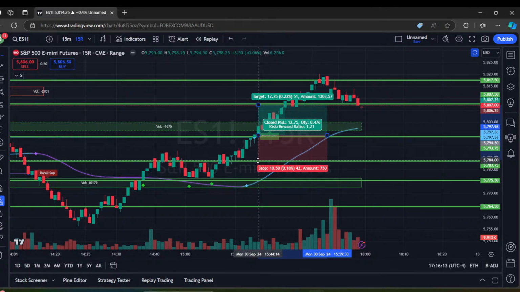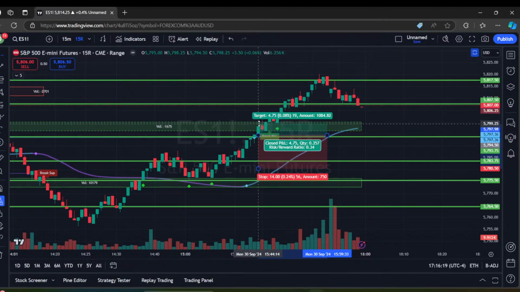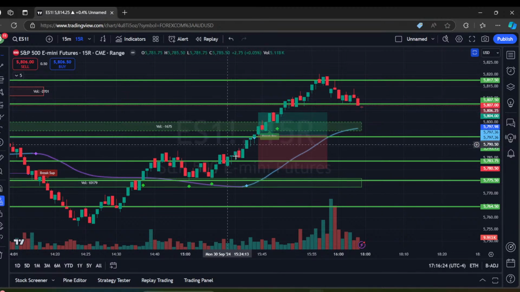I'll put my stop loss just below the recent low, and then I would just target liquidity. So that would have been another break of resistance. Resistance turned into support. I would get the software to do only buys, right? I think that would be a good idea using the strategy.